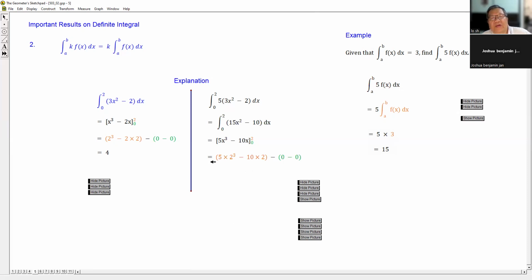So we calculate by substituting the top number first, the bottom number later. The answer is 20. When you compare the answers, this is 4, and this is 20. This one has no 5 in front, this one has a 5 in front.